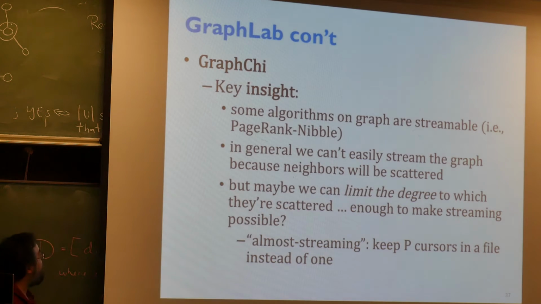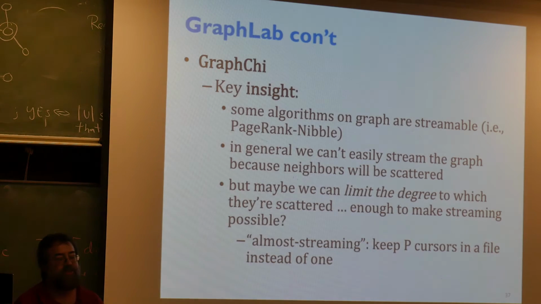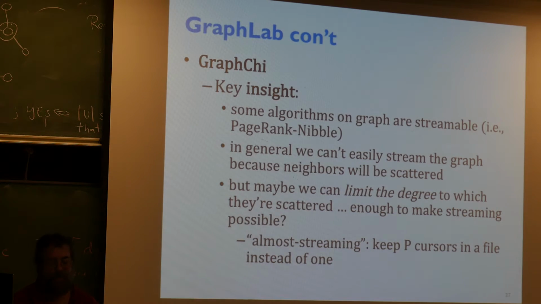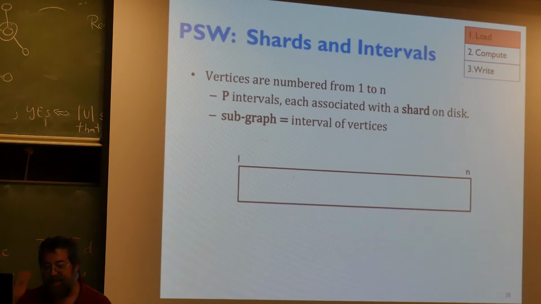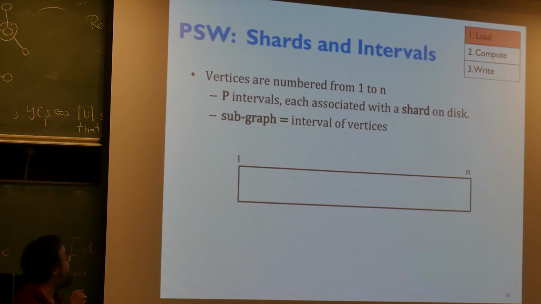So the insight in GraphChi is that maybe it's not quite that bad. Maybe we can put things on disk and organize them so that, even though we might have to do some seeking, maybe it's not too much. This is a very clever idea. Here's the basic idea. The first step is I'm going to take all the vertices. I think we're doing PageRank, and the vertices are all URLs.